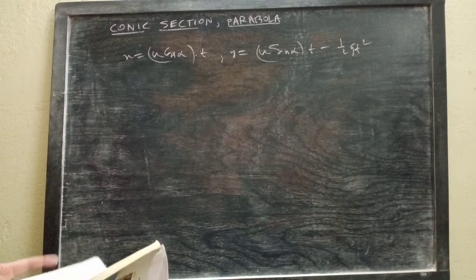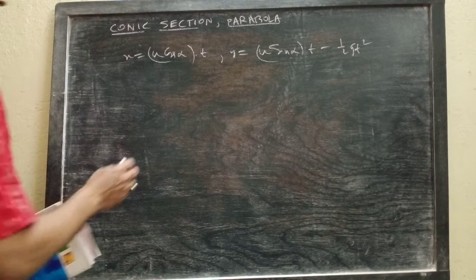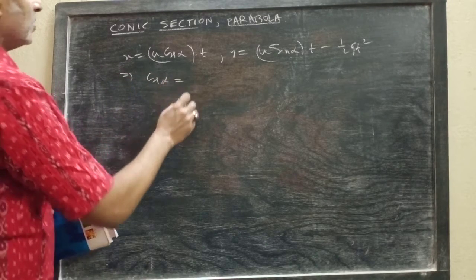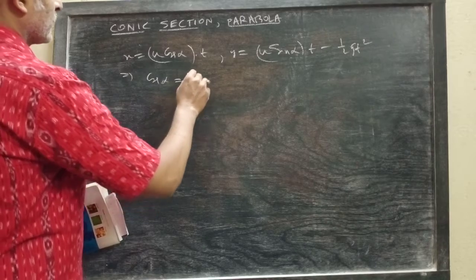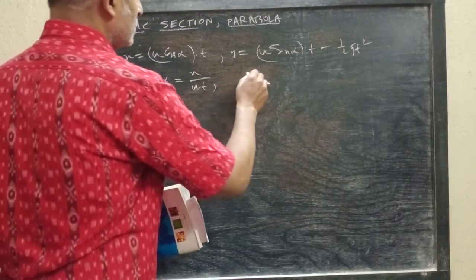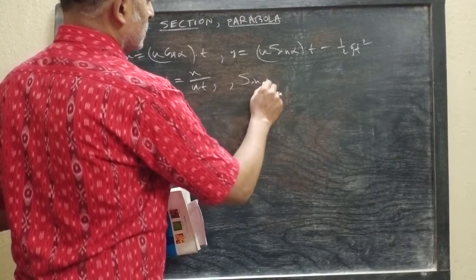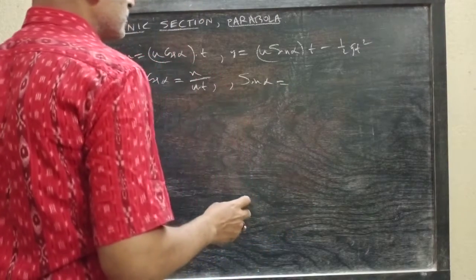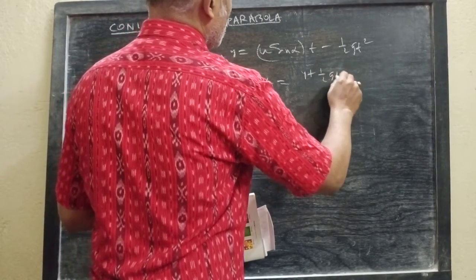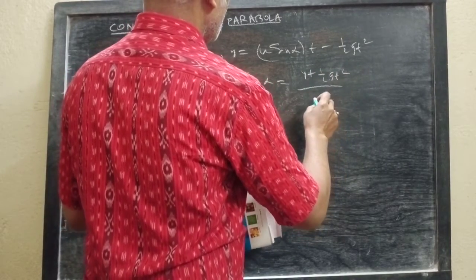How do you get this? The parameter is alpha here, so you have to eliminate alpha. From this you get cos alpha equals x by ut. From this you get sin alpha equals y plus half g t square by ut.